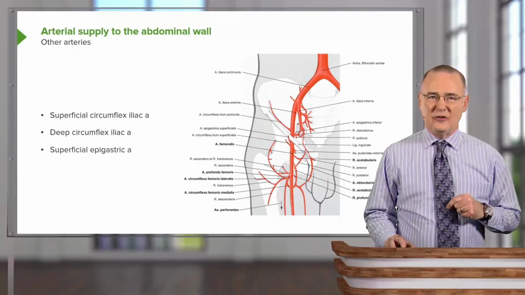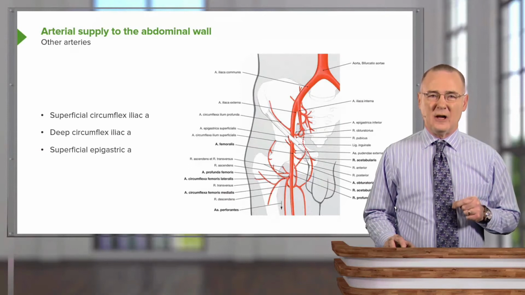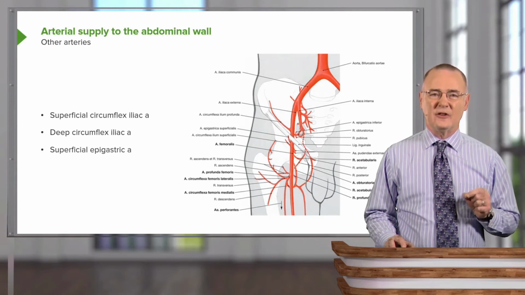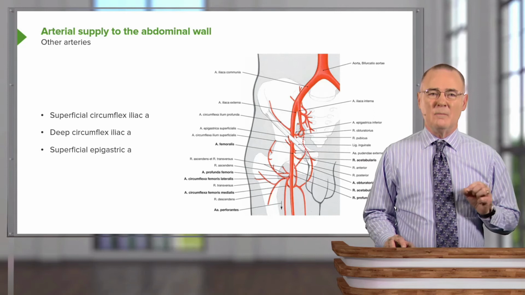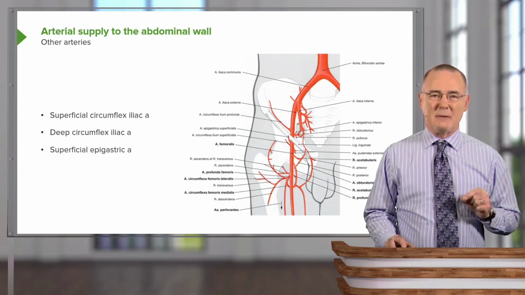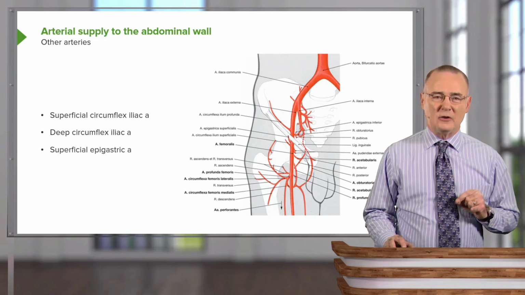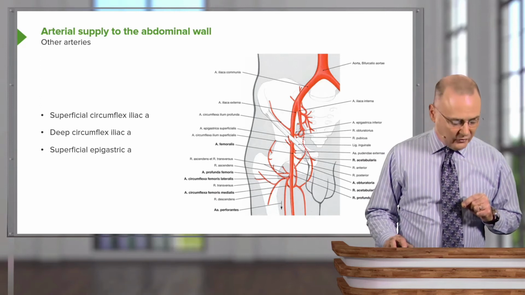We also have some additional arteries that supply the abdominal wall. 3 of these are listed on the slide: the superficial circumflex iliac artery, the deep circumflex iliac artery, as well as the superficial epigastric. So let's take a moment to identify those particular vessels.